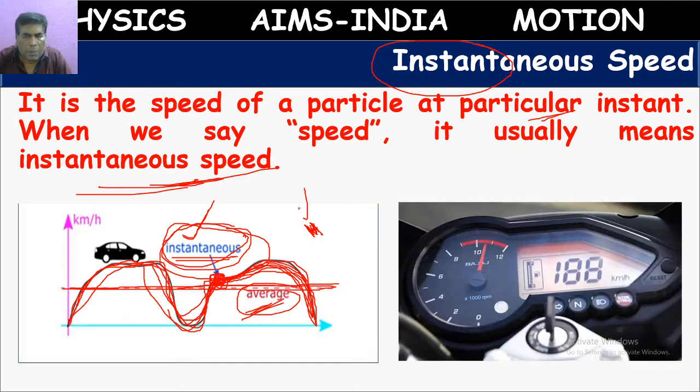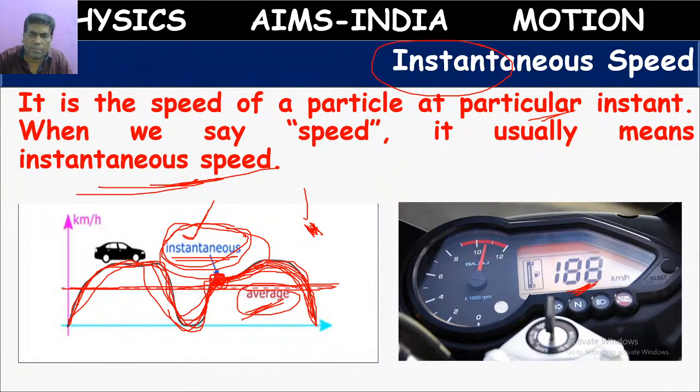Suppose if you observe a Bajaj Pulsar bike, there you will have a digital speedometer. Here it shows 188 km/h. So what does it represent? When we raise the accelerator, at that particular instant, what is the speed? Only at that moment it will show that number.